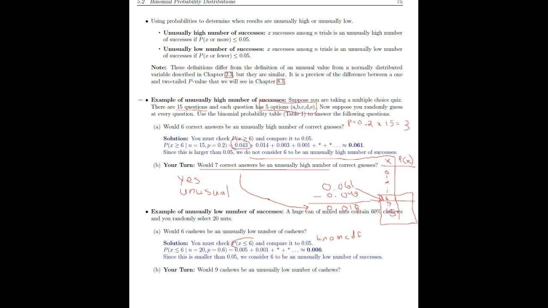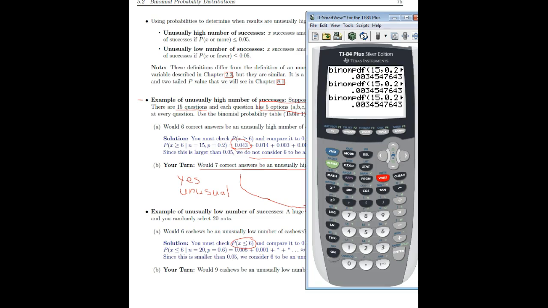We're finding the probability of 6 or fewer successes. So instead of finding all the probabilities for 6, 5, 4, 3, 2, 1 and 0 and adding them all up, we can do this in one calculator stroke by going to distributions, then binom CDF. Again, we'll clarify in class when to use PDF or CDF. CDF, where C stands for cumulative, is the cumulative density function.